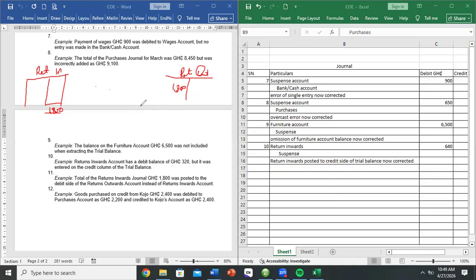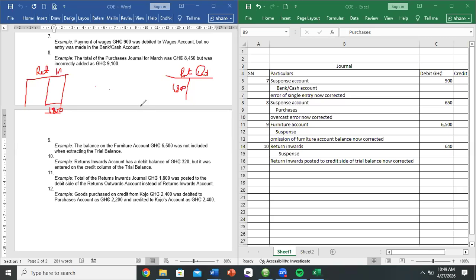Wow. I love it when I have diverse opinions and we have to debate it out. Error of commission. Portia wants to come again. Yes, Portia. Sir, please, it's principle. Commission deals with personal accounts. People are not giving us the technical vibes. And I'm happy.